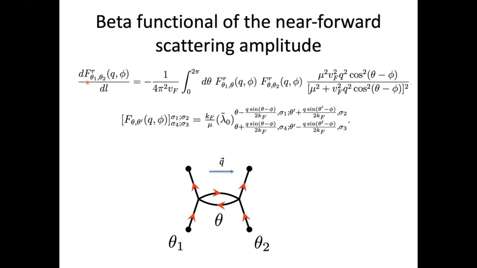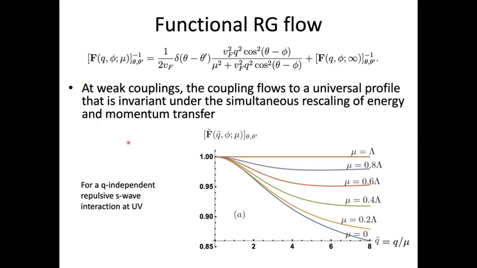And you can solve this beta functional, and we can trust this at weak coupling. At weak coupling, the coupling function flows as the energy scale is lowered, and in the low energy limit, it settles into some universal function. It's a function of Q over mu. And this is an actual functional RG flow.